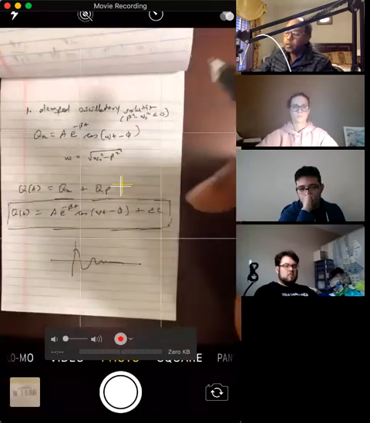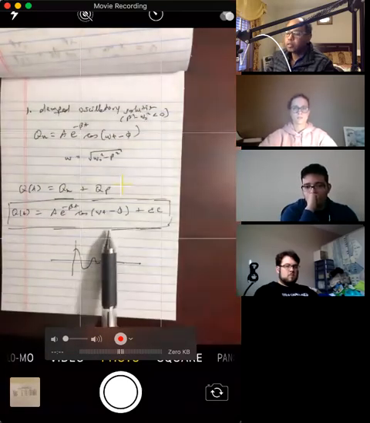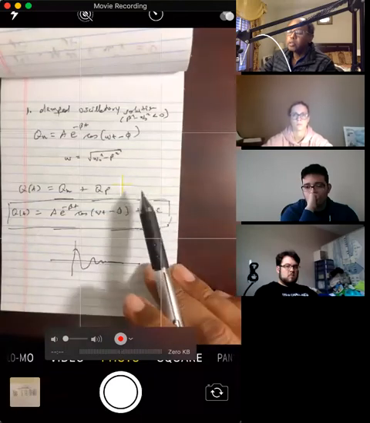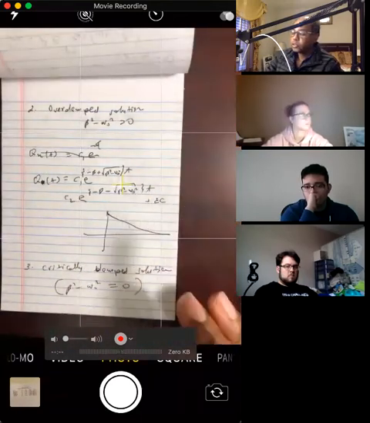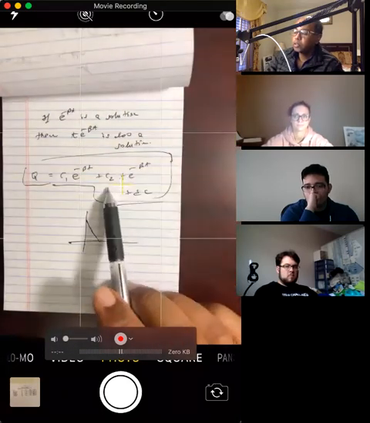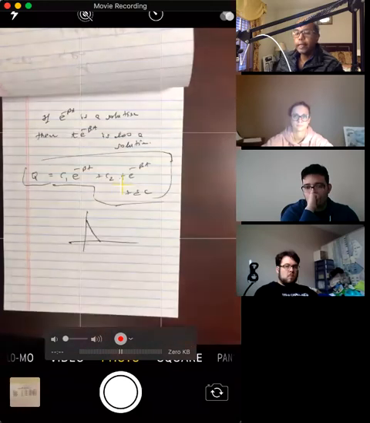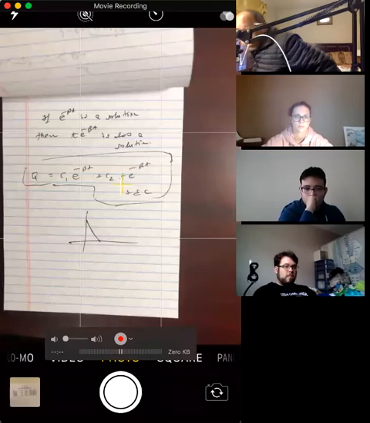We have underdamped oscillatory motion, driven by a cosine, damped by an exponential function. And then you've got a linear combination of two exponential functions. And then you have a linear combination of an exponential function and a product of t and an exponential function, okay? These are the three different solutions we have.